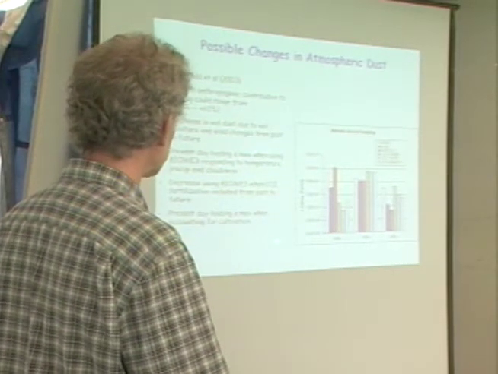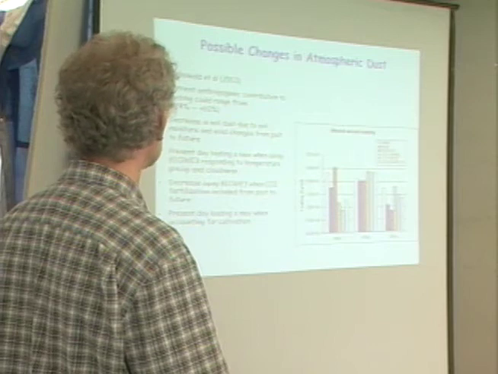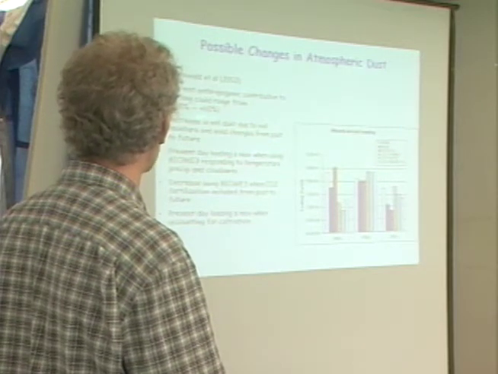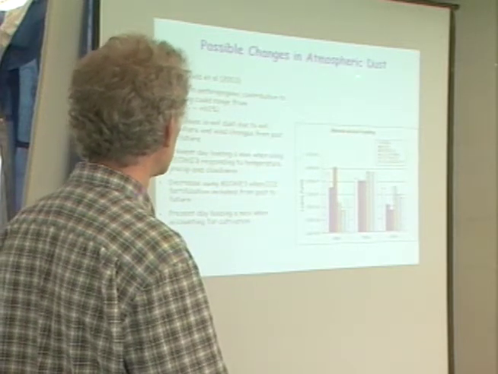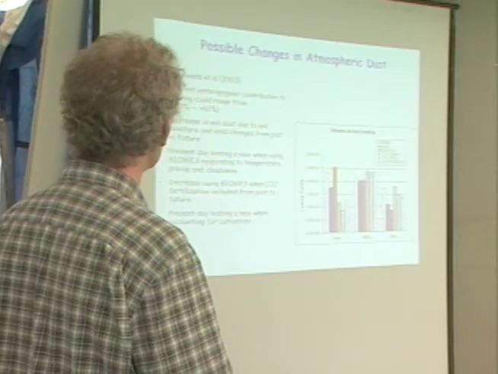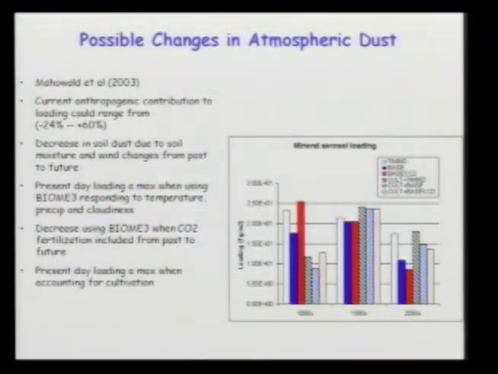Natalie's assessment through a set of experiments, which I'll tell you a little bit about here, is that the current anthropogenic contribution to atmospheric dust could range from, well, let's say, removing the anthropogenic component of the dust sources could result in a reduction of as much as 24% in the global burden of dust, or an increase as high as 60%, depending upon the particular scenarios that you put together.